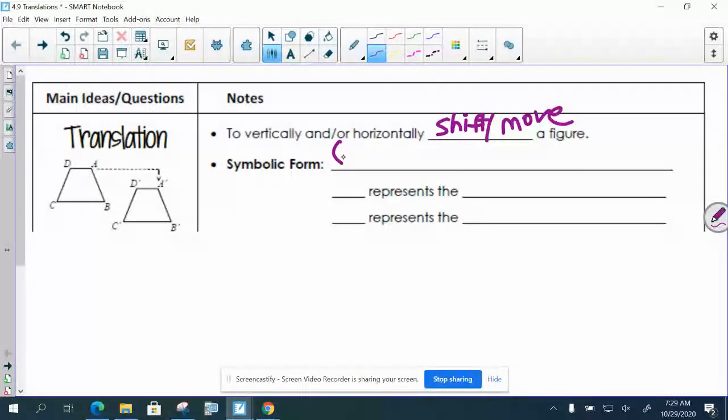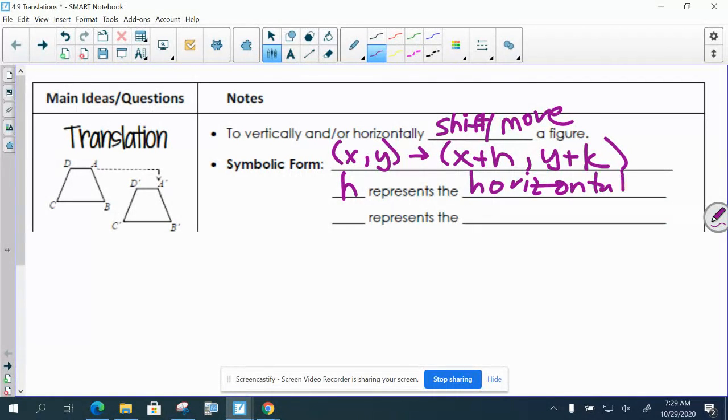The original point is going to be x comma y, and then the translation rule is going to be given to you as x plus some number h, comma y plus some number k, where h represents the horizontal shift and k represents the vertical shift. Make sense?